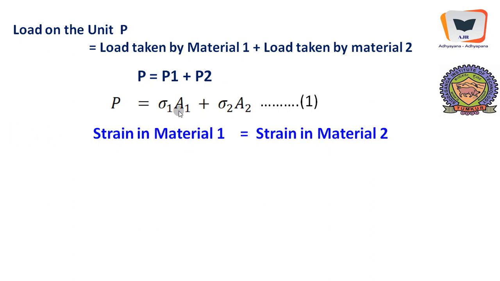We are trying to determine the stresses developed in the two materials. This is the compatibility relation, that is, strain in one material equals strain in the other material, because the change in length of one material equals the change in length of the other material.